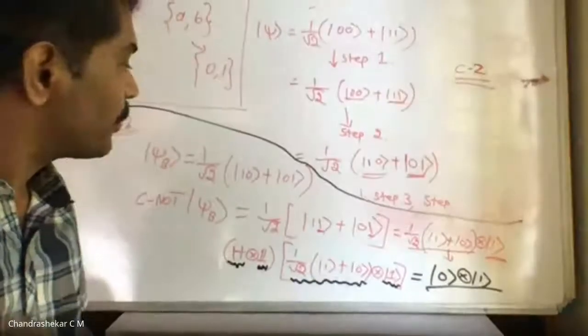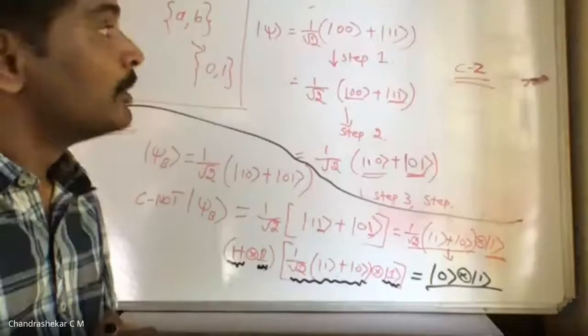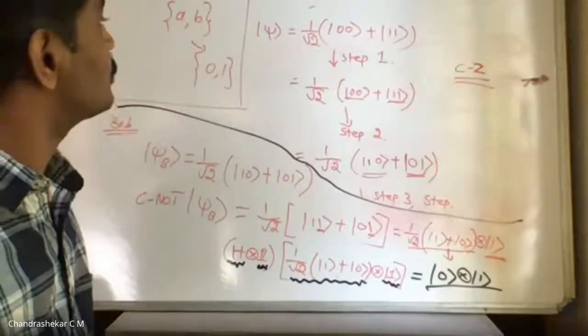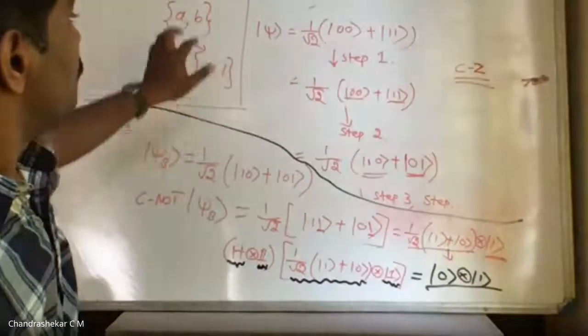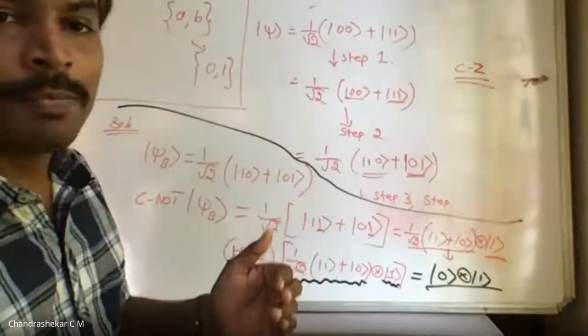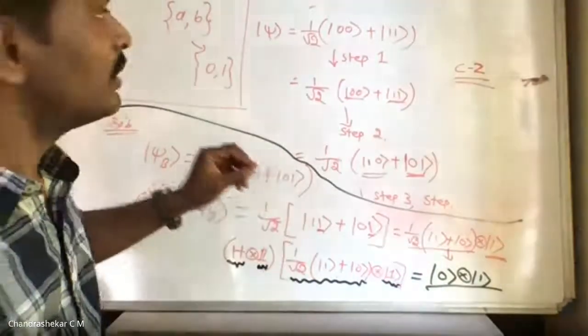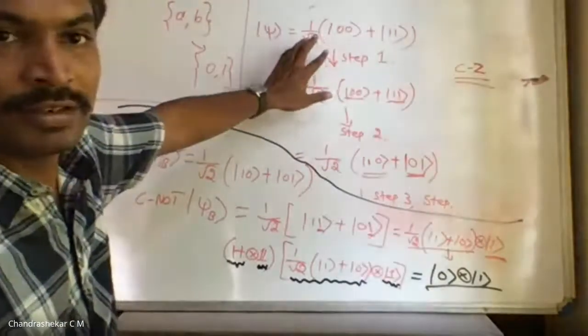Excuse me, sir, what is the difference between step 1 and step 2? Okay, so step 1 is used to send information, to encode. What we are doing here is we have two classical bits, A and B. Step 1 helps you encode the information of the first classical bit into a quantum state.